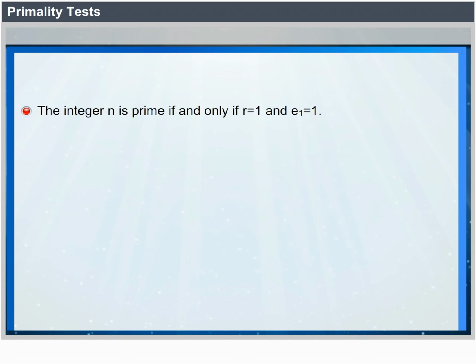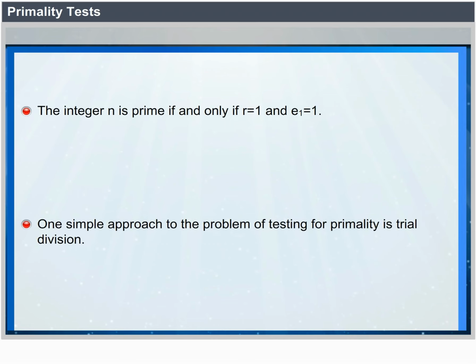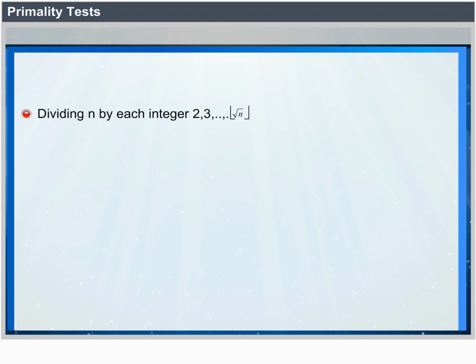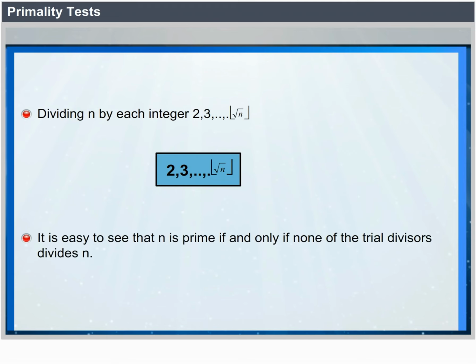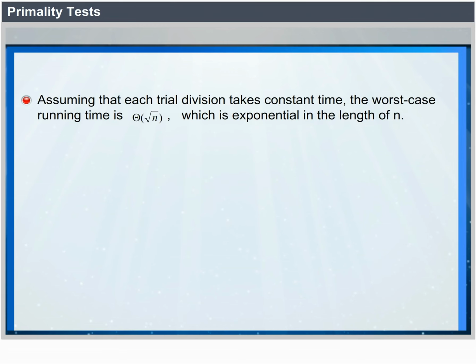One simple approach to the problem of testing for primality is trial division. Divide n by each integer 2, 3, up to floor of root n. It is easy to see that n is prime if and only if none of the trial divisors divides n. Assuming that each trial division takes constant time, the worst case running time is Θ(√n), which is exponential in the length of n.